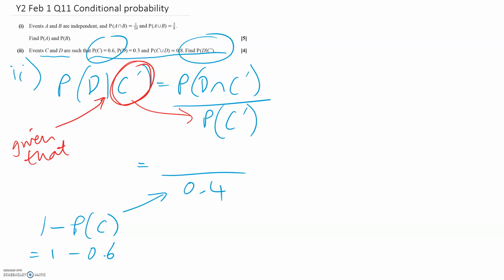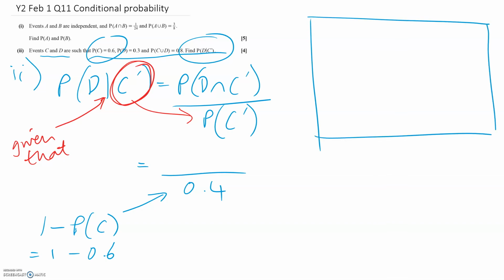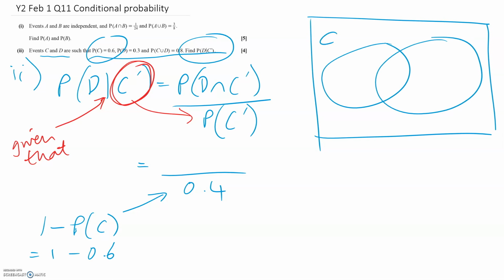Now the numerator is not so obvious to work out. And working out the probability that D happens and C doesn't happen, the way I would do it is through a Venn diagram. I'm sure there are other ways of doing it. You might have a much better way of doing it than me, but I would do a Venn diagram. This is C, this is D, and what do we know?